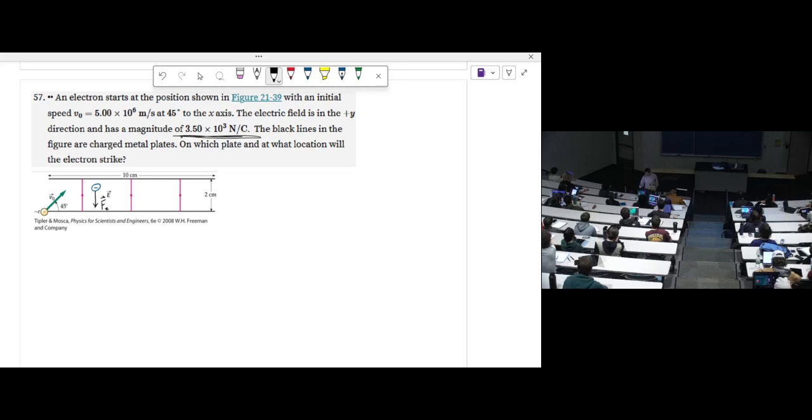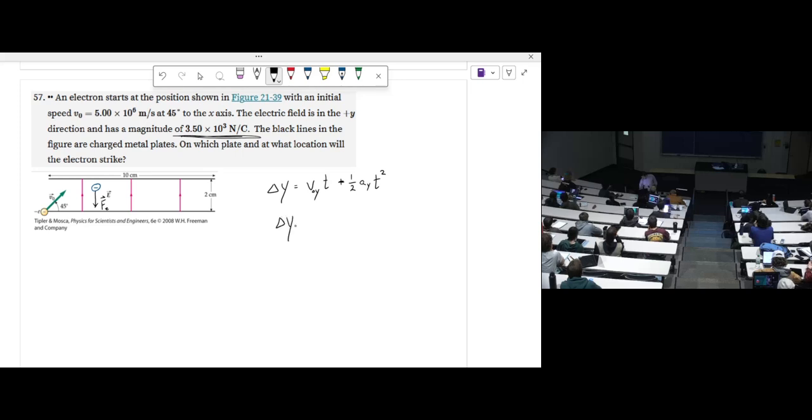And so with this, it's actually convenient to say, okay, well, delta y is equal to v naught y times t minus, in this case, since the force is downward, 1/2 times the acceleration in the y direction times t squared.